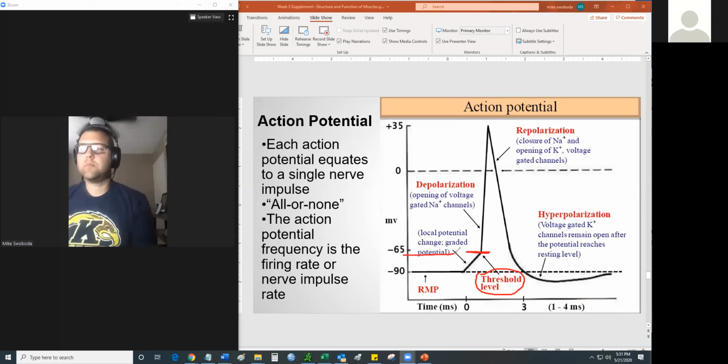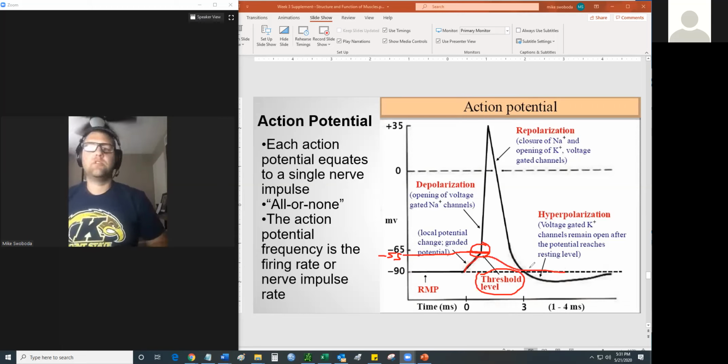While it's not really shown too well, the threshold level is actually at negative 55 millivolts. Once you pass this, the entire action potential occurs. So you get that nerve to fire. If you didn't reach that, this would peter out and go back to resting.